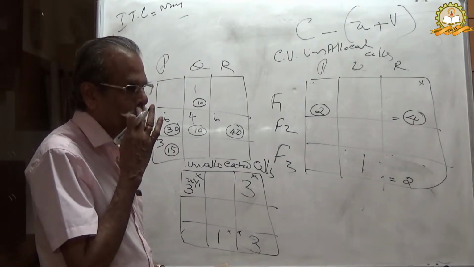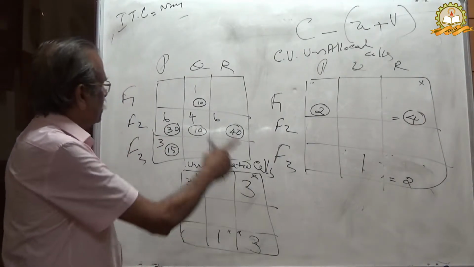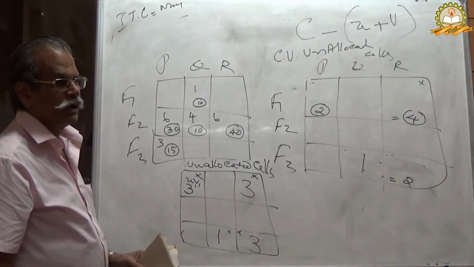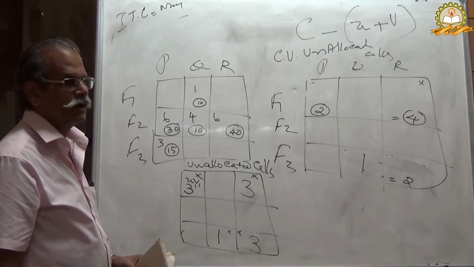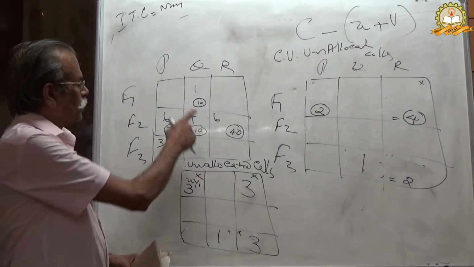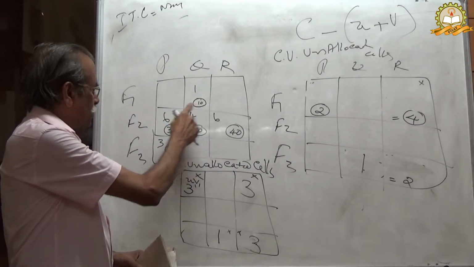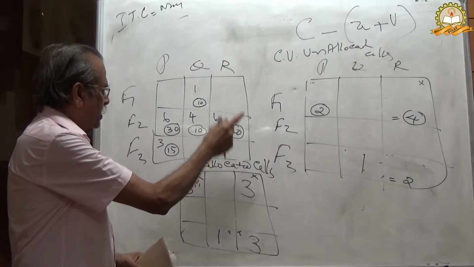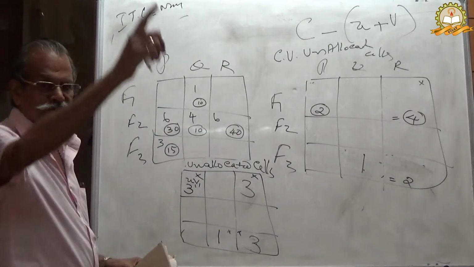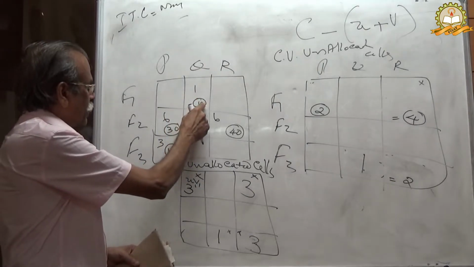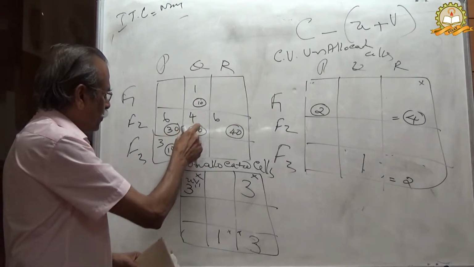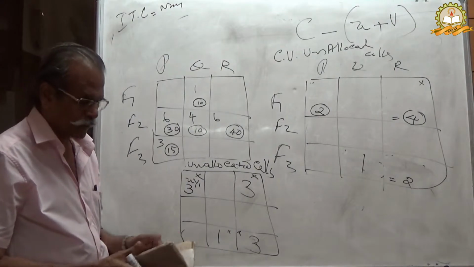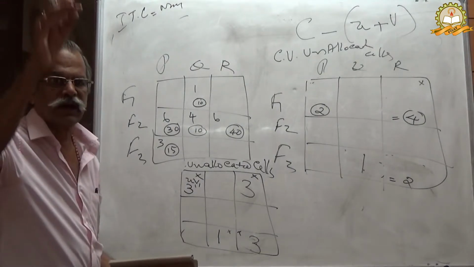Which means the original allocations obtained earlier, that is 1 into 10 plus 6 into 30 plus 4 into 10 plus 6 into 40 plus 3 into 50 equal to 515, is final.